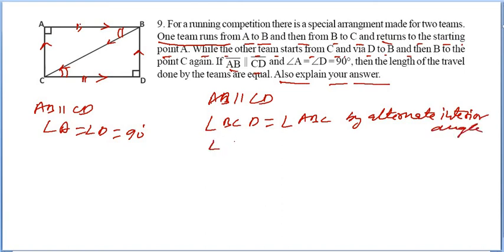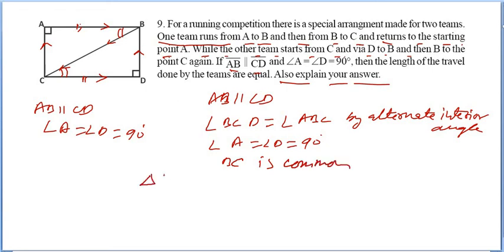And angle A is equal to angle D, which is 90 degrees. And BC is common. That's why both the triangles are congruent.